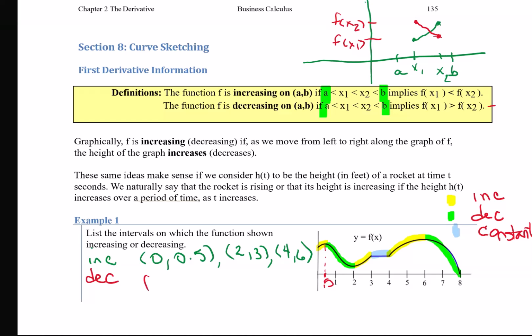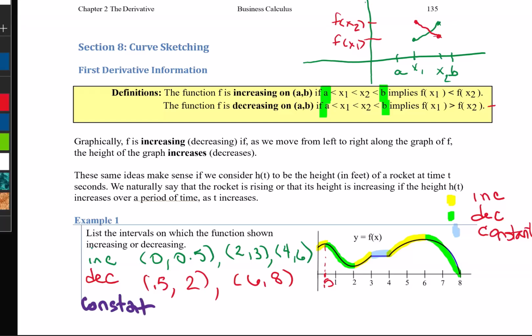I guess I got those mixed up. So from 0.5 to 2, it's decreasing, and from 6 to 8, it's decreasing. And the last thing, we can say it's constant from 3 to 4. Even though it doesn't ask me for that, I can see that from the graph.